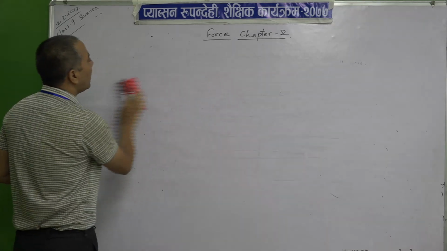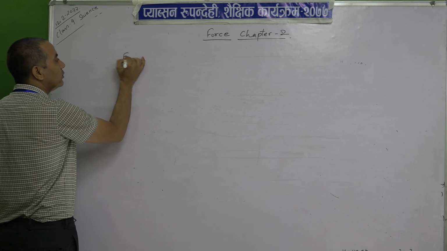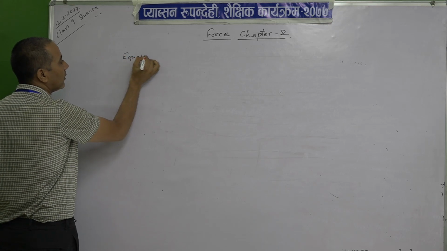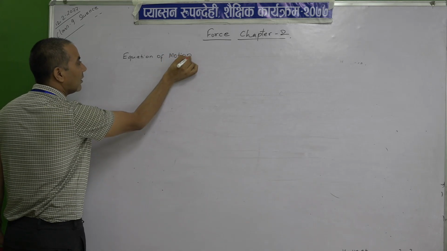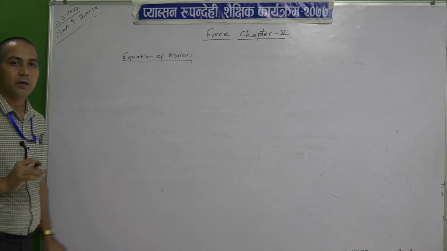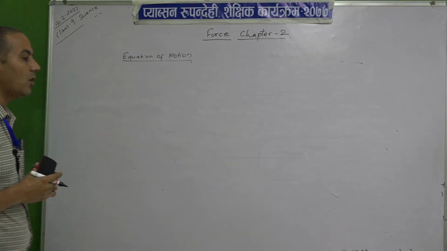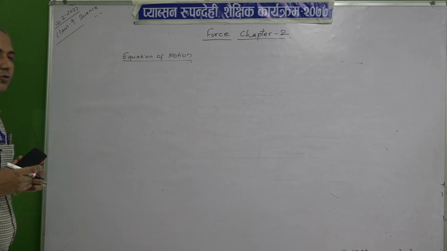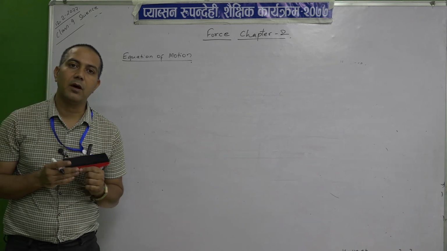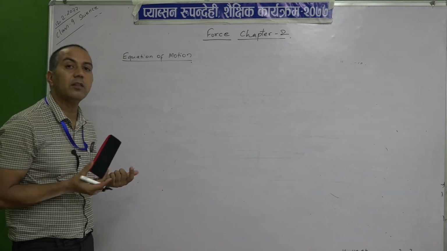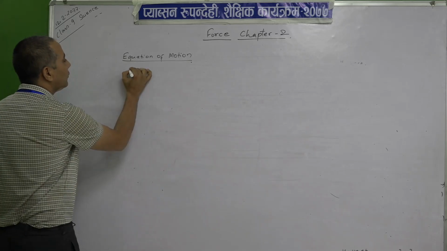Okay. Now we will go to the main part, that is the equations of motion. In our chapter, we are studying equations of motion. For uniform motion, we will derive 3 equations.